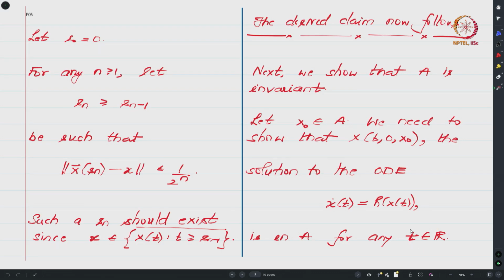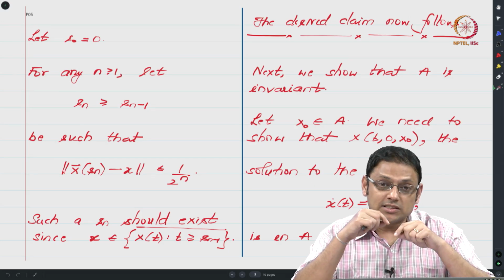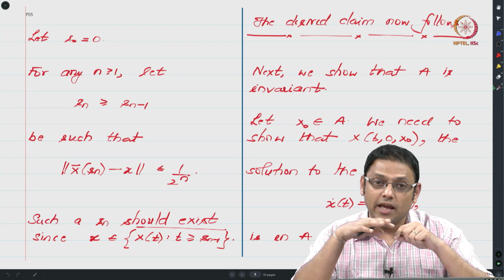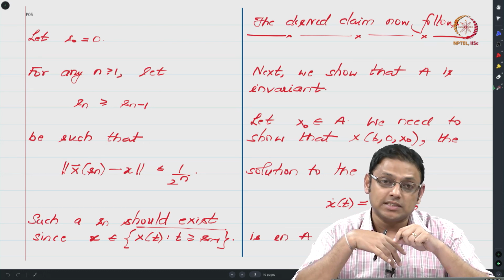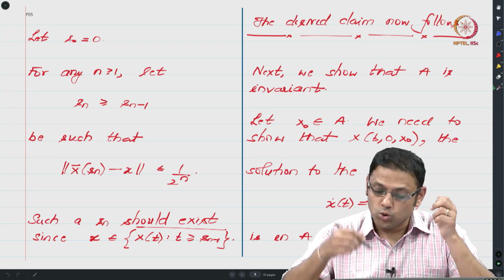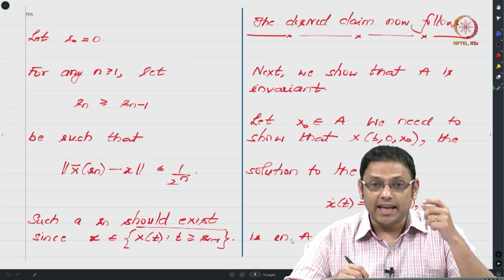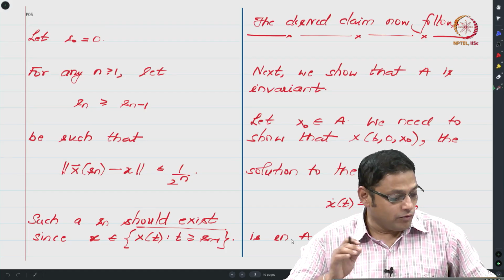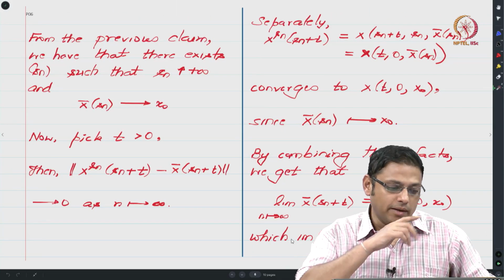So if you initialize the solution trajectory within A, and it remains within A in both forward and backward time, that will help us conclude that the set A is invariant, and we are going to prove that.